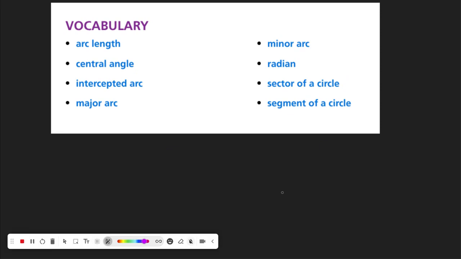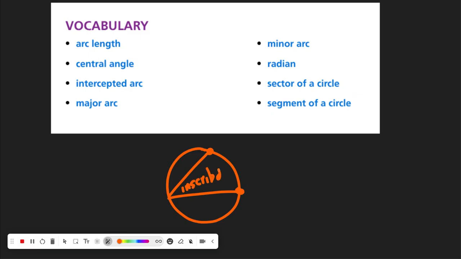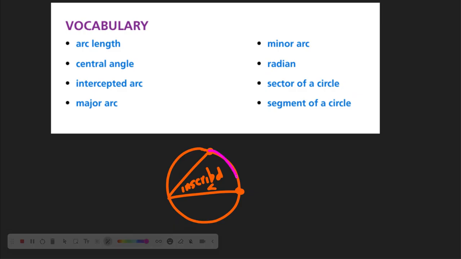An intercepted arc, we've already drawn a number of these examples, but it would be the arc that is intercepted. So this, I'll show you two things. This is called an inscribed angle. And its intercepted arc I will put on here in pink.